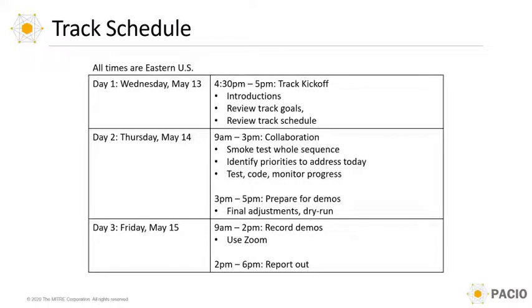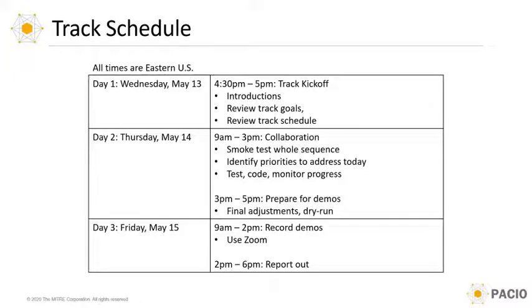For Thursday, the idea is really to start at 9 a.m. and to try to work through the entire use case, each of the scenes, and see how things are working. That will help drive the priorities that we need to address the rest of that day, and also potentially on Friday. So any problems that come up, we can focus on those things. Any gaps that we see, we can try to address those on Thursday.